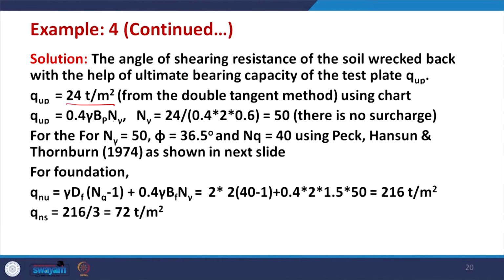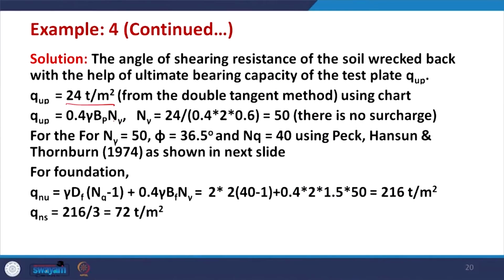As a result, the ultimate bearing capacity is given by 0.4 gamma BP N gamma. Here 2 terms are absent. One is absent because C equals 0, and the second term is absent because Q, the surcharge, is 0. There is no surcharge. In this relation, QUP is known to you, but you do not know the value of N gamma.